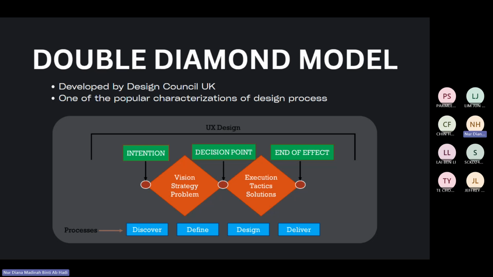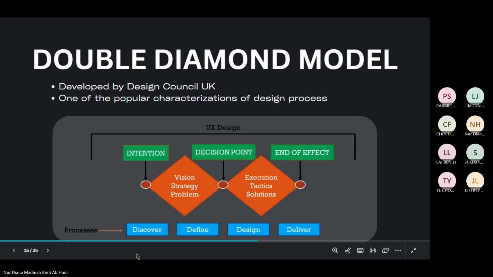This double diamond was developed by the Design Council in the UK in the year 2005. It characterizes your design process in 4 processes that start with D, so I would say the name is 4D. 4D stands for discover, define, design, and deliver. Okay, so far, do you have any questions?